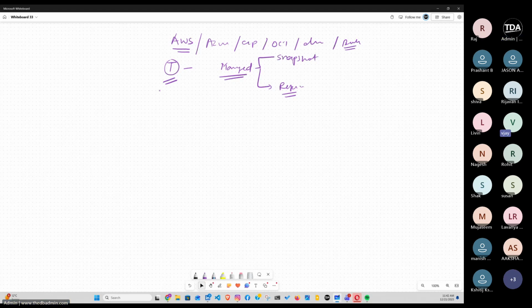But sir, that is on a compute instance level, or how? This traditional backup, because managed is going to be... When I say traditional backup, the backup which is compatible with your database technology. Let's suppose you have an Oracle database, you installed Oracle, then you can use RMAN even on top of AWS.